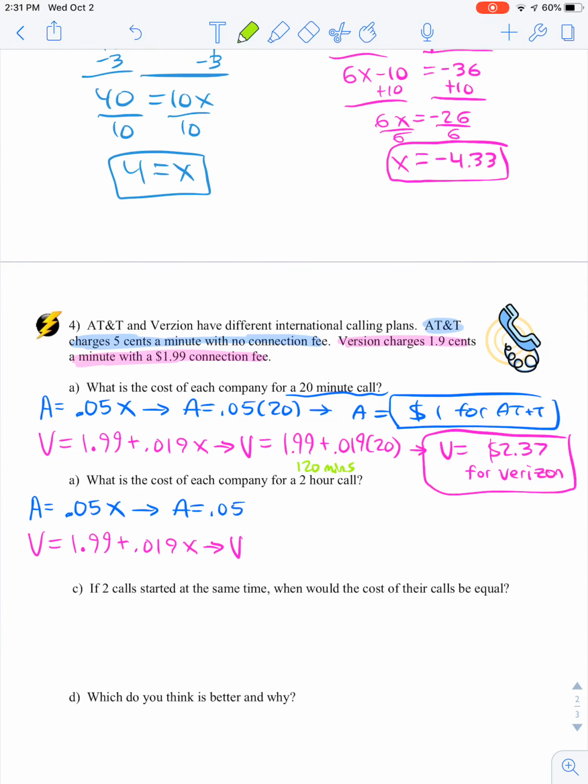For 120 minutes, AT&T is going to cost 0.05 times 120, which is equal to $6 for AT&T.